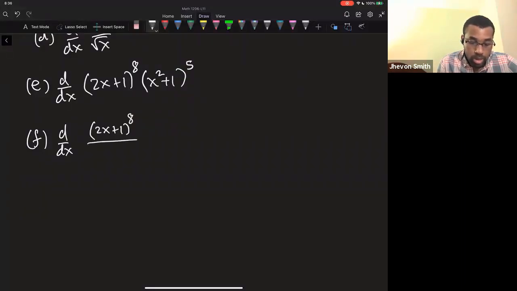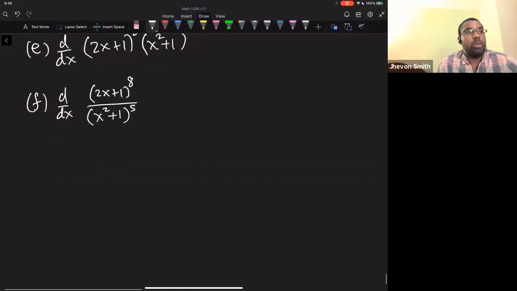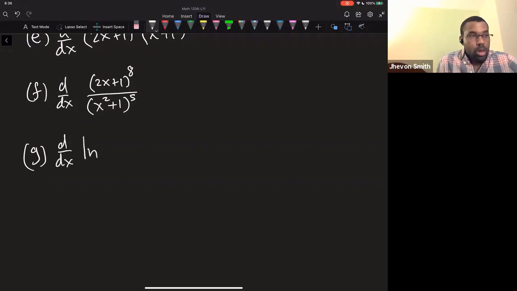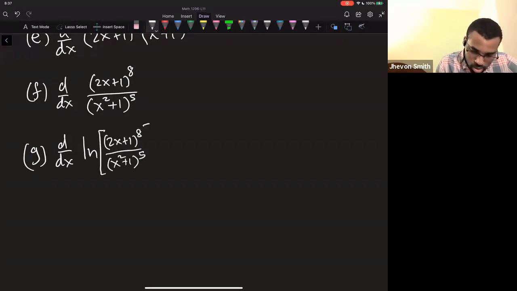So it's 2x plus 1 to the 8 divided by x squared plus 1 to the 5th. Then ln of this guy, 2x plus 1 to the 8th over x squared plus 1 to the 5th. That'll work as a primer for log differentiation.